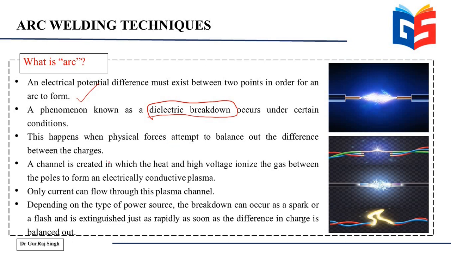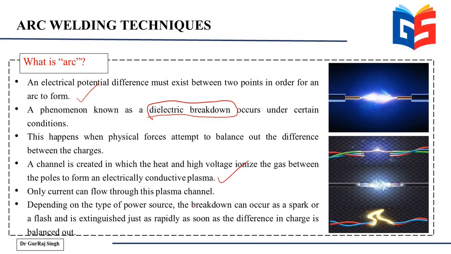So a channel is created in which the heat and the high voltage ionize the gas between the poles to form an electrically conductive plasma. This is the most important point that you need to know about what actually happens when we are forming an arc: the gas in between that path, which is usually air, gets ionized, and that is when it starts conducting current.